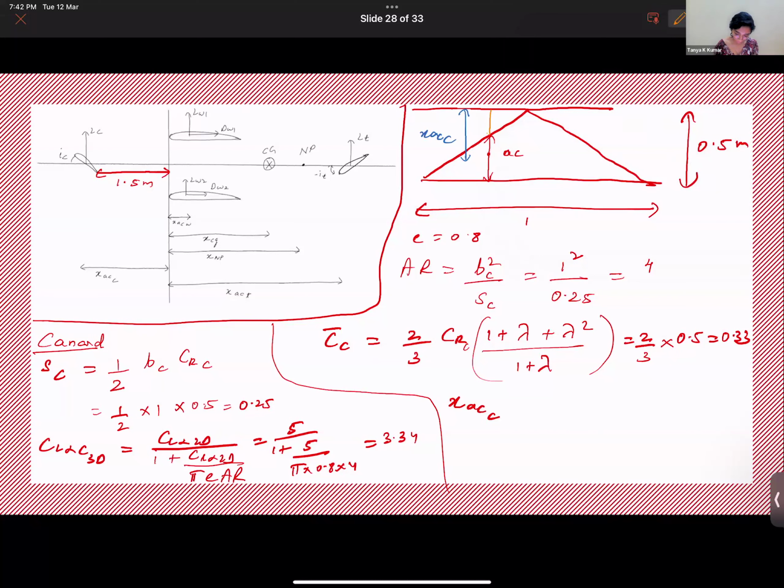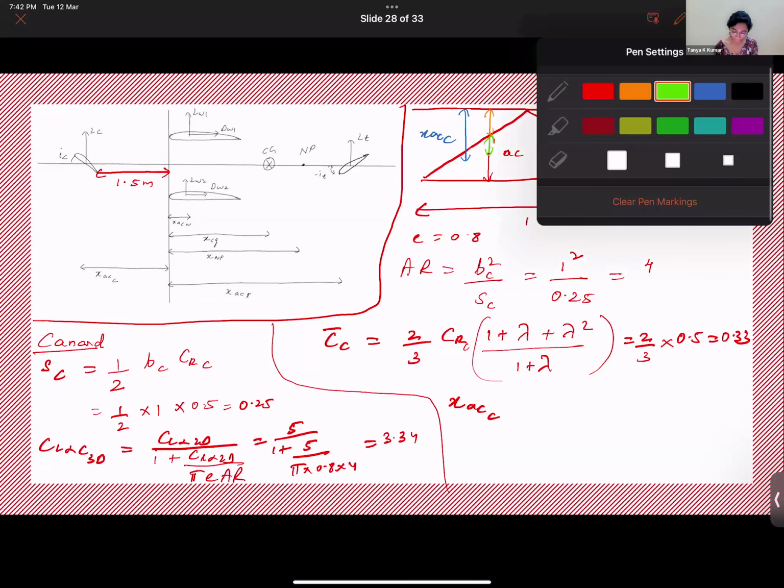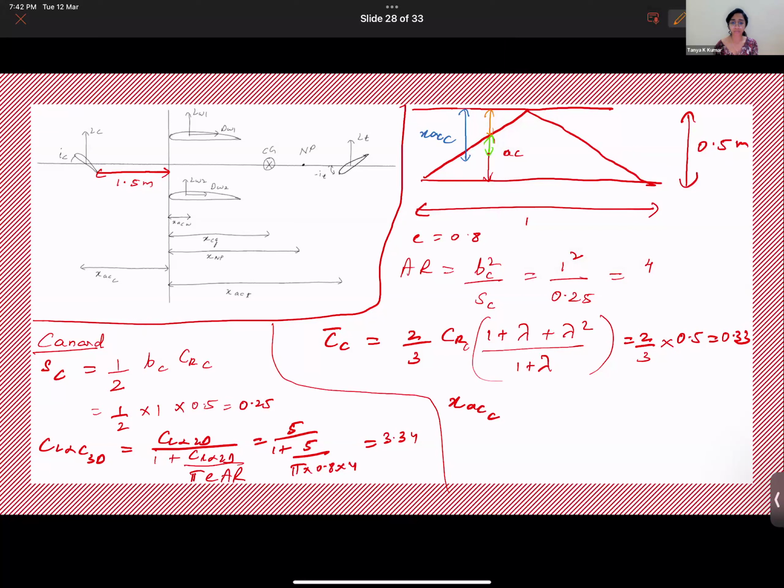It is this orange distance plus this green distance, right? So what is the distance in orange? I'll just write it down. Tell me if I'm right. CRC minus C bar C. Is the distance in orange right? CR, that is the root chord, minus C bar.